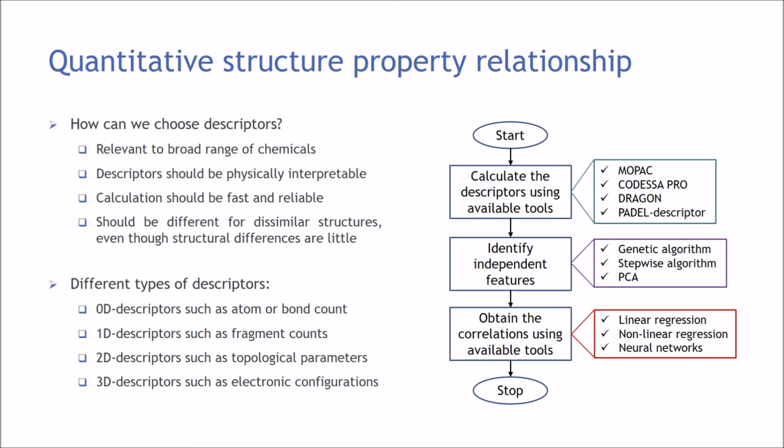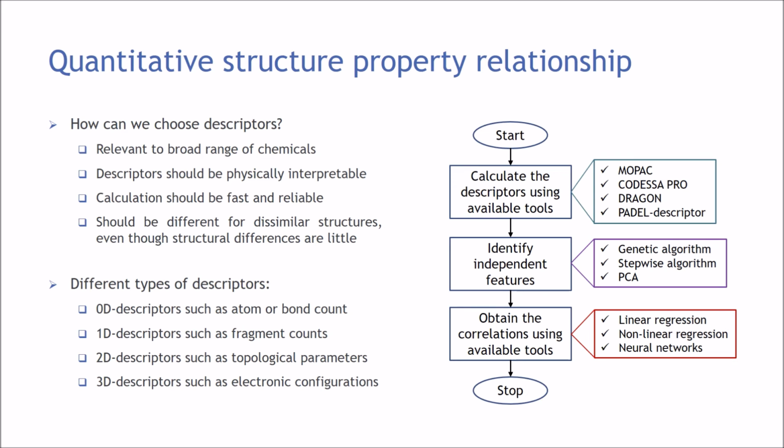There are three major steps involved in any QSPR prediction. First one is to calculate the structural features. Second one is to identify the independent features among them. Third one is to relate the independent feature set to the end properties using any mathematical tools available.